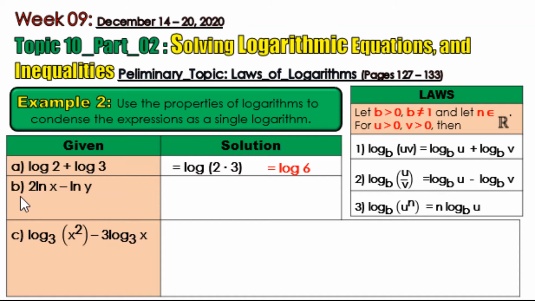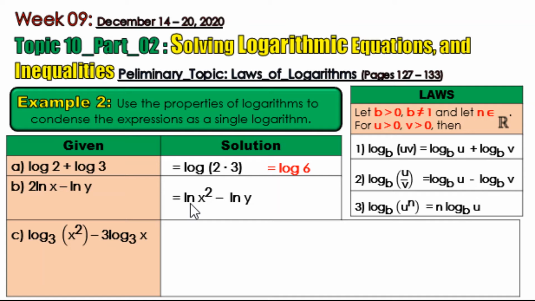Now let us proceed to letter B, 2 ln x minus ln y. So we have here 2. So it means to say that the exponent of x is 2. Okay, and we have this subtraction. It means to say that this is the logarithm of the quotient of the two numbers. So this is equal to what?